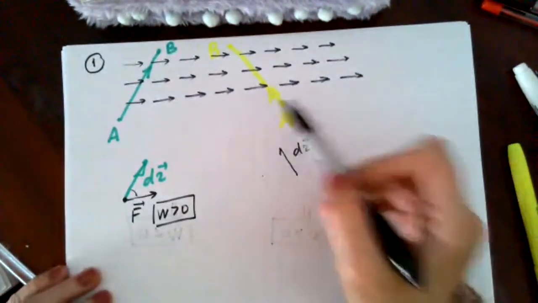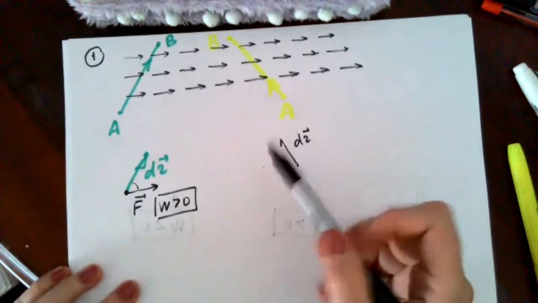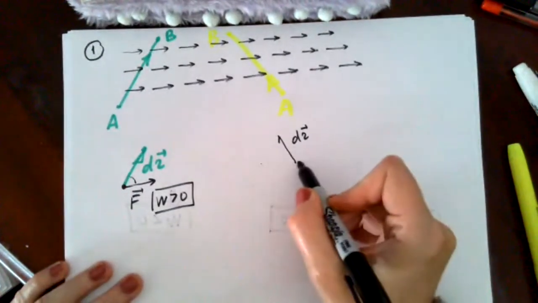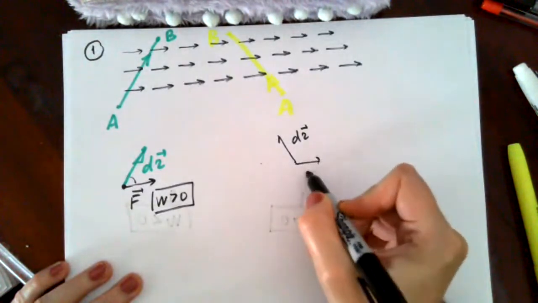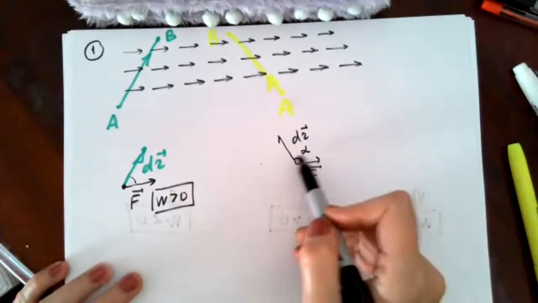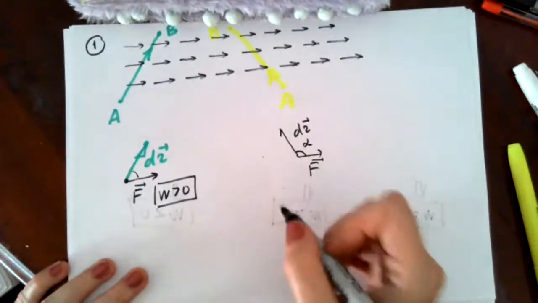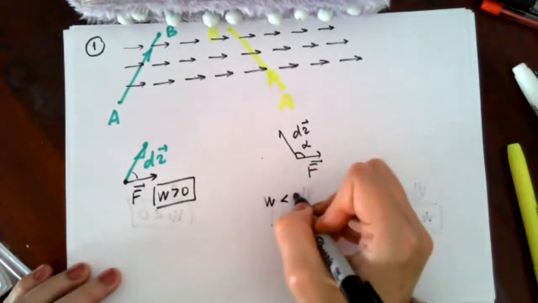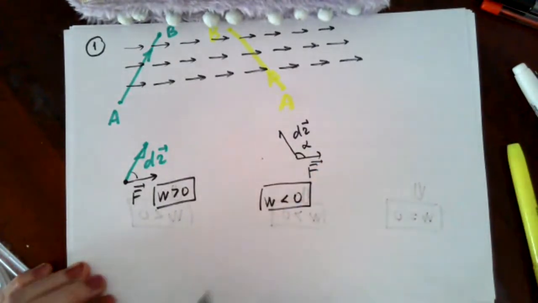I'm not using yellow for text because it doesn't look right, too bright and not very legible. As for our field vector F, it goes in this direction. So this time our angle is bigger than 90 degrees. It means that cosine is negative, and of course work is negative as well.